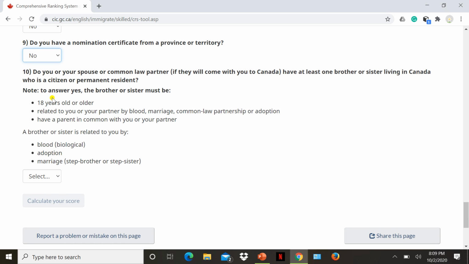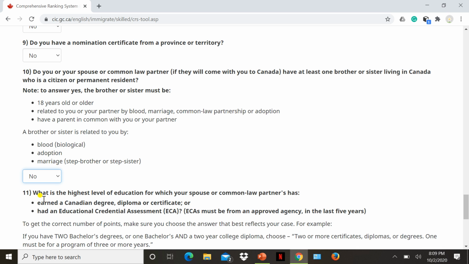No. Do you or your spouse have at least one brother or sister living in Canada who is a citizen or permanent resident? You should note one thing, that a brother or sister is related to you by blood, adoption or marriage. In my case, it is no.